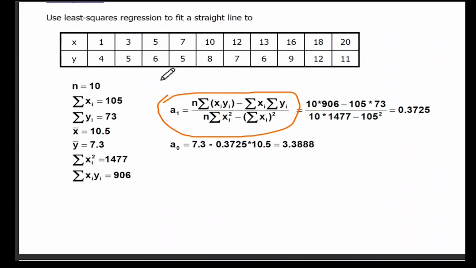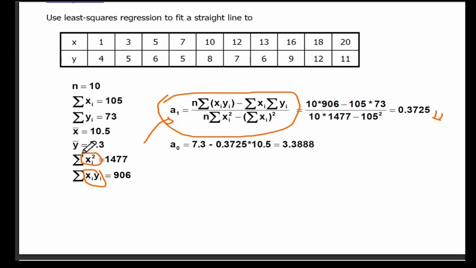You letakkan tambah satu kolom untuk XI square, satu kolom untuk XI YI, untuk memudahkan kiraan. So you completekan the calculation. So just put into this equation, so you dapat A1. A1 adalah 0.3725.